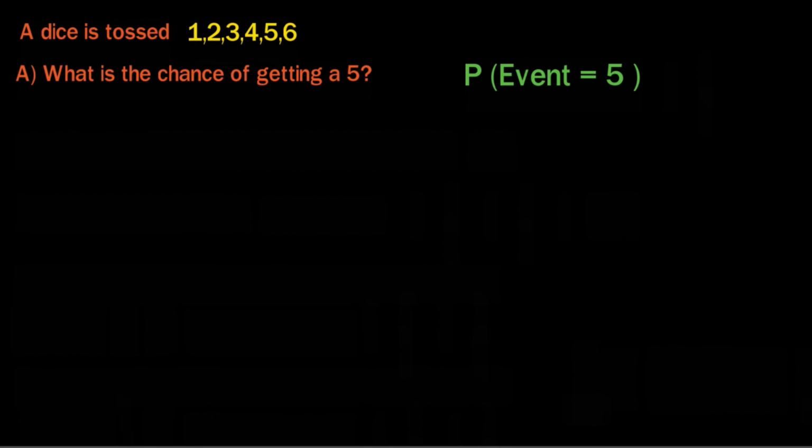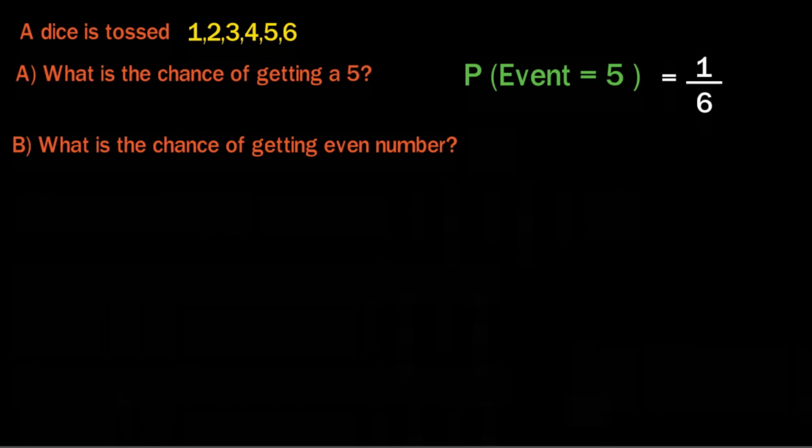So what is the probability that the event, which is 5, appears on the dice? We know that there are 6 possible outcomes, and the probability that 5 can happen is 1 over 6. So let's try another example.